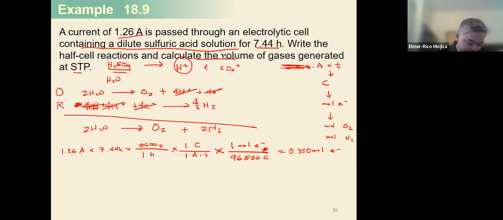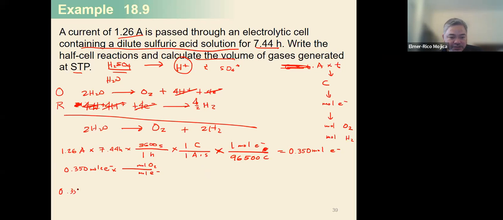Now, once you get that, you're going to determine the number of moles of the things that you have here. The question is, how many electrons are involved for every, let's say, 1 mole of oxygen? You start with 0.350 moles of electron times the moles of oxygen over the moles of electron.